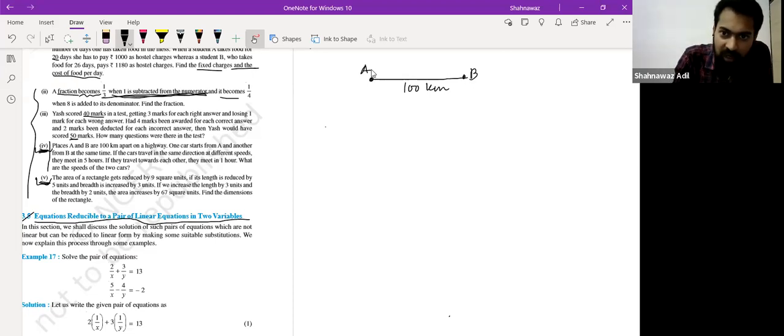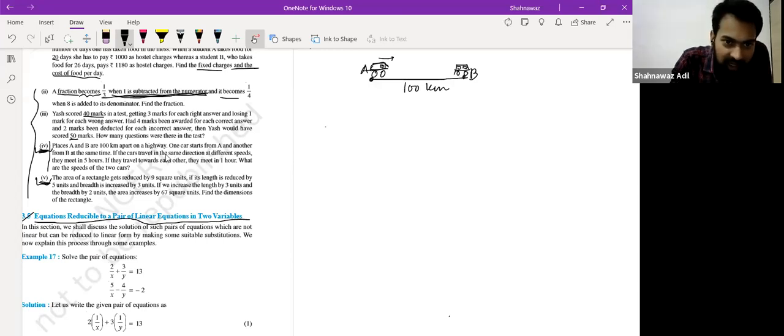So one car, let me draw a car, right? This is a horrific, horrible looking car. And this has a mirror and this is a driver, right? Okay, so one car starts from here and another car from B at the same time.